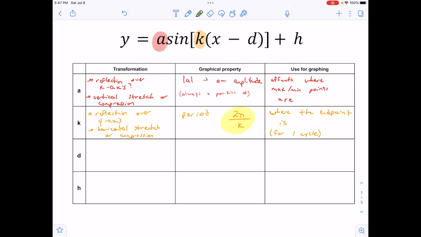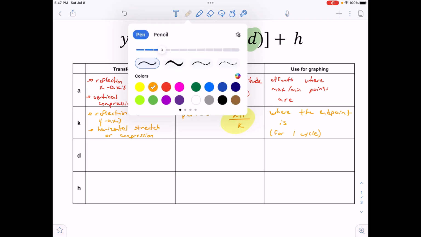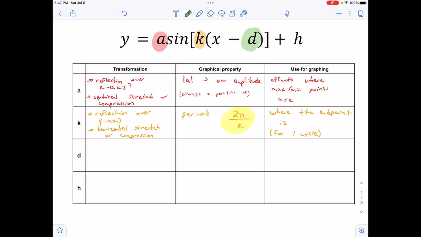The next transformation that we have here is this d value, and notice that I am not highlighting the negative number in front. Recall that it's the opposite every time when it's inside the function. The d value represents our horizontal shift, or if you want to be real fancy, you could say translation.